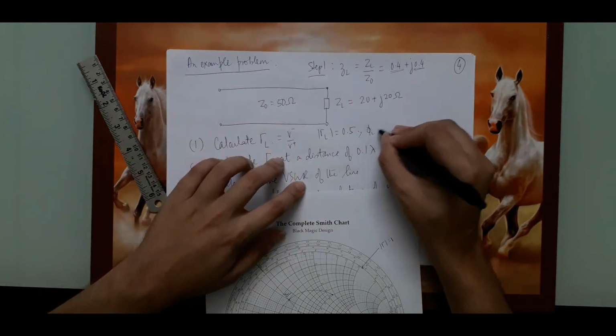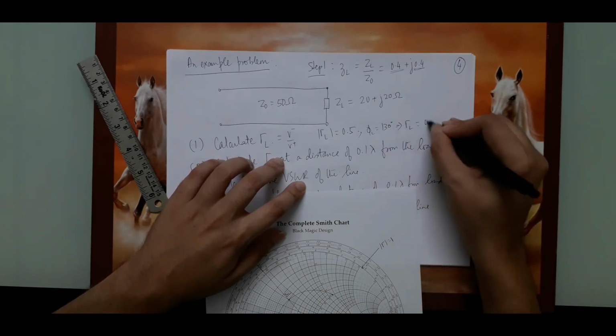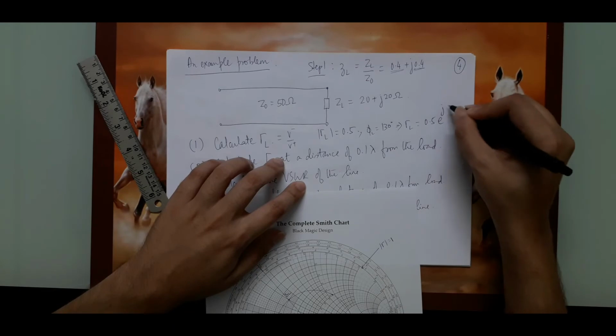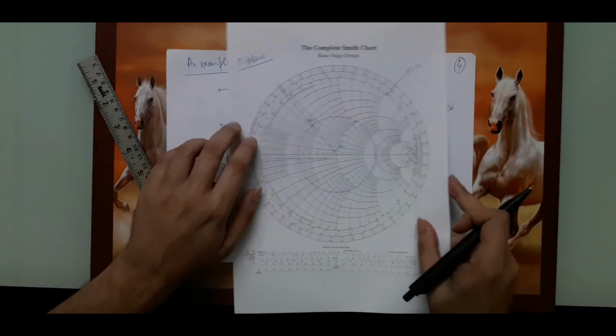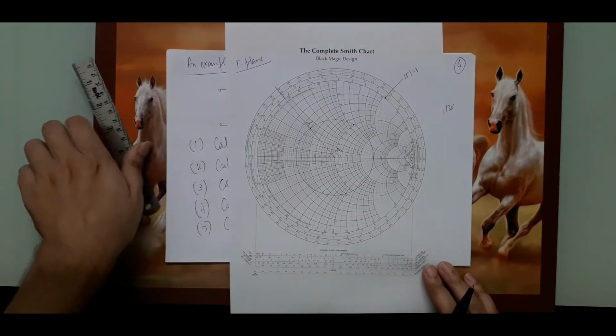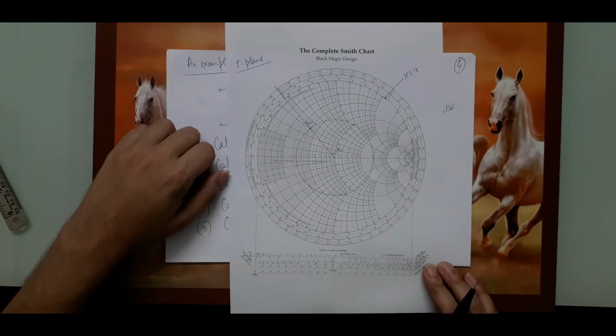So phi L is 130 degrees. That means gamma L is 0.5 e raised to j 130 degrees. So using the Smith chart, we have found out the reflection coefficient at the load.